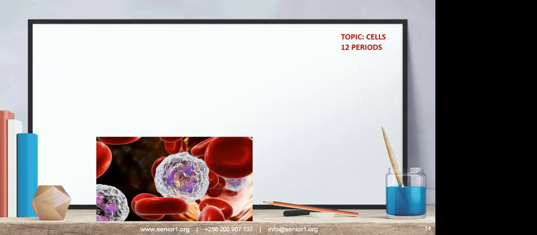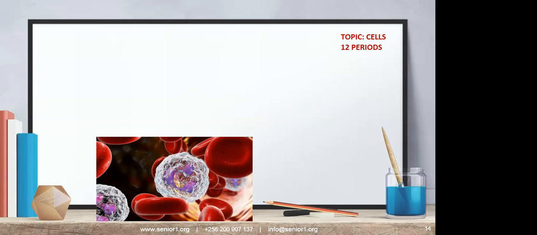And then another topic will be about cells. Now, the picture that you're seeing here, this donut-shaped structure, which is red, is the red blood cell. It is the cell which is responsible for your blood to be red. If you removed all the red blood cells from your body, your blood wouldn't be red.